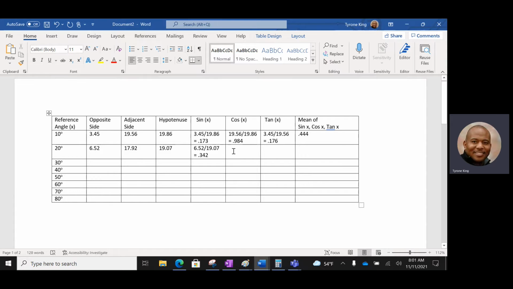Then cosine is adjacent over hypotenuse.